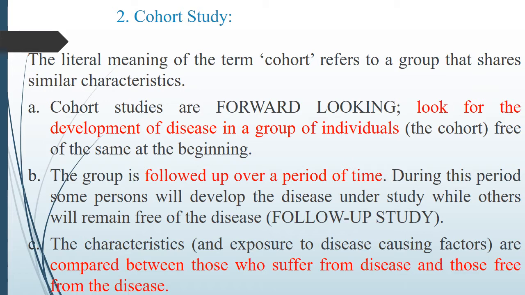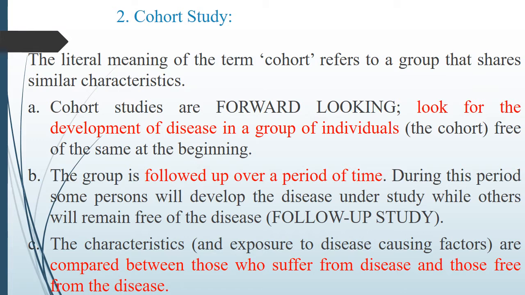Look for the development of disease in a group of individuals. That is cohort studies. The group is followed up over a period of time. So we will select a group and follow up the group for a specific time period. During this period, some persons will develop the disease under study while others will remain free of the disease. Maybe the patient will get the disease while we are following, or some of the persons will not get any kind of disease.